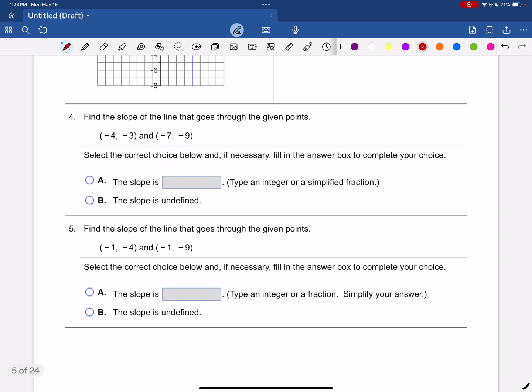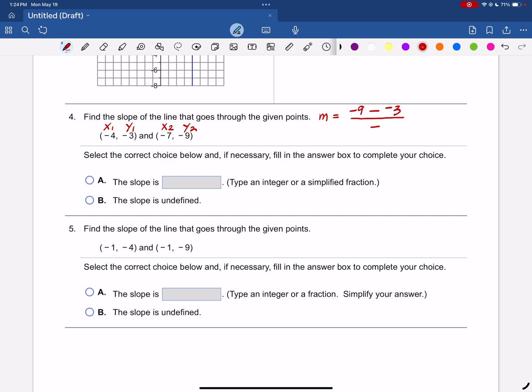In example 4, I'm going to find the slope of the line, and instead of drawing the graph, I'm going to use my formula. Now, I'm going to go ahead and mark these x1, y1, x2, y2. Now, be careful with your formula. Always go ahead and put those two subtractions. That way, if you've got a double negative, you won't forget that there's a subtraction in the middle. So this one is going to be the second y, negative 9, minus the first y, look, negative 3.